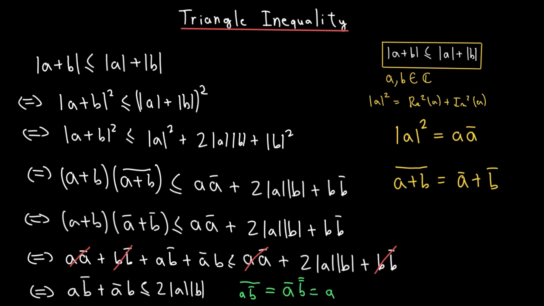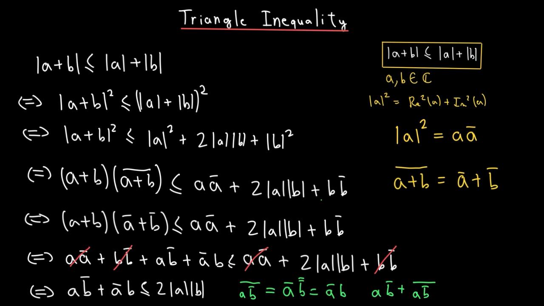So we have the conjugate of a times b. And so this means that the conjugate of this product is equal to the conjugate of a times b, which means that this expression over here is the same as a times the conjugate of b plus the conjugate of this product, so a times the conjugate of b.